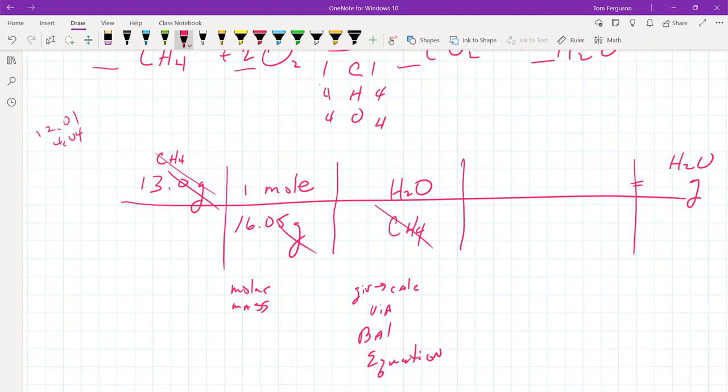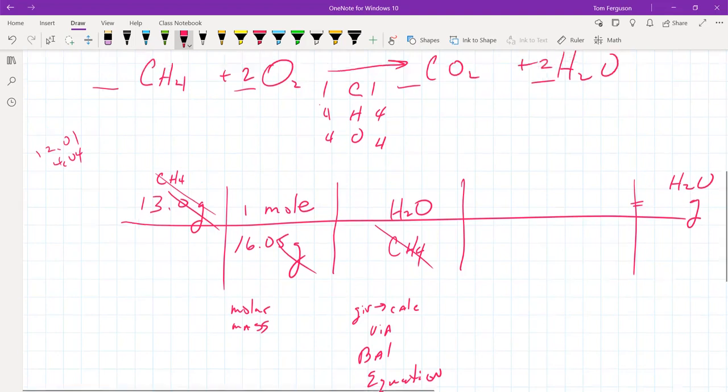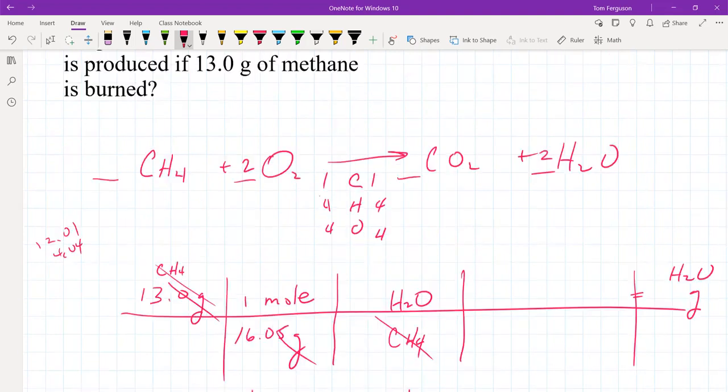So you need to look at the ratio, the coefficient ratios of water and methane. So water is 2, methane is 1. That means for every mole of methane that's burned, you're going to end up with 2 moles of water.